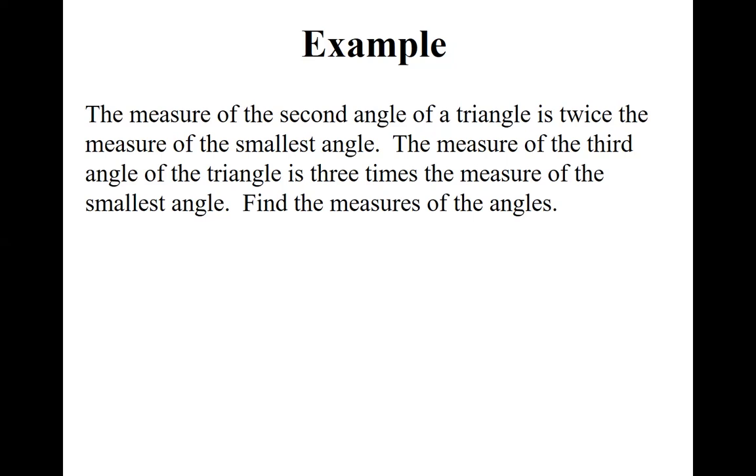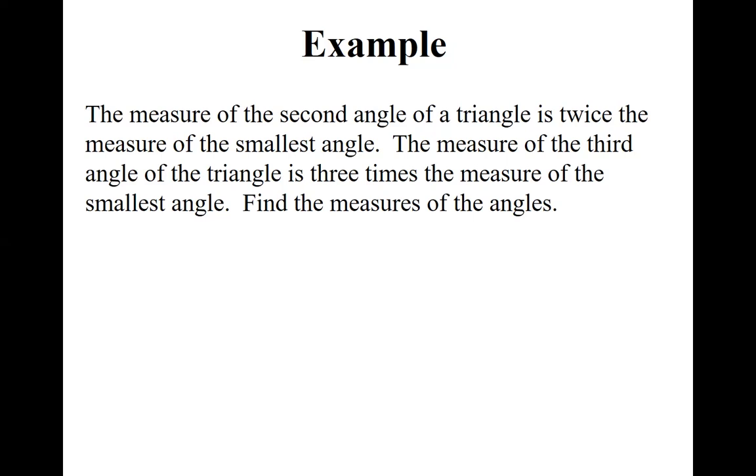Find the measures of the angles. So as we read and reread, we notice that the measure of the second angle is given in terms of the smallest angle's measure. We notice that the measure of the third angle is given in terms of the measure of the smallest angle. So the unknown that we can build off of is the measure of the smallest angle.